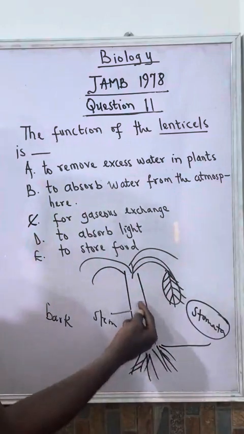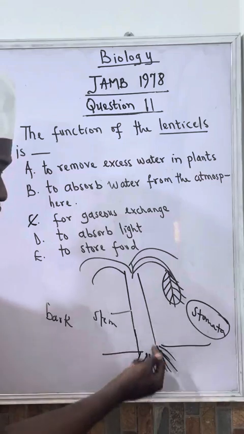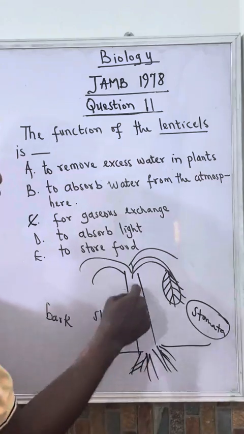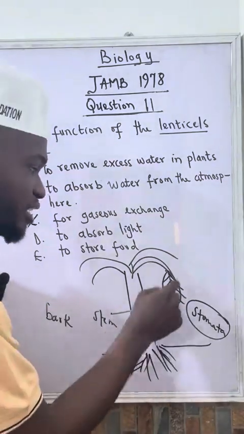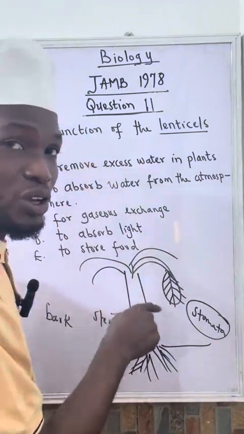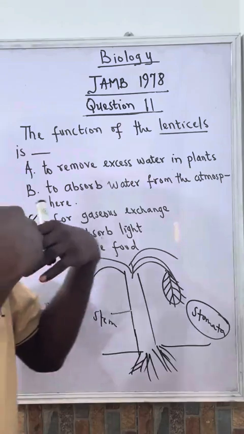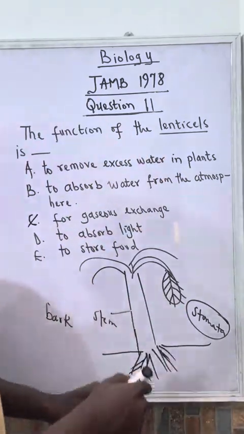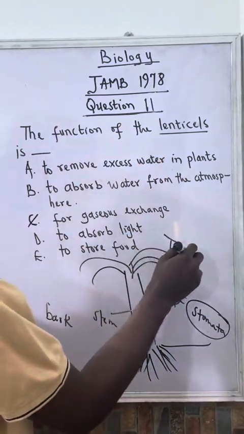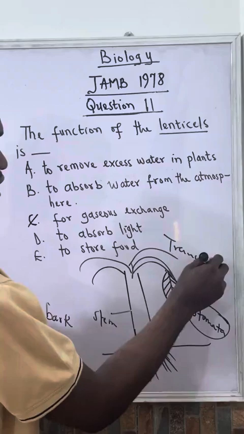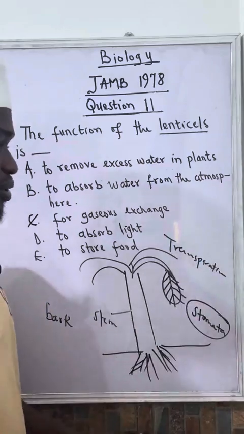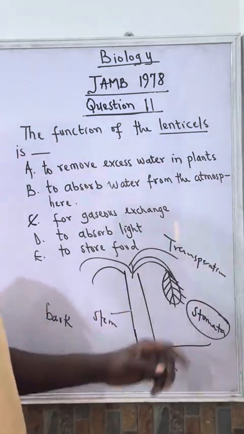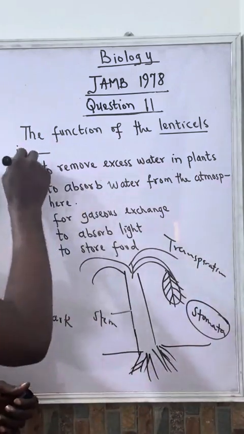The water will go through the xylem tissue, through the xylem vessel, to the leaf. Then photosynthesis will occur there. So water can leave through the stomata of the leaf. So that process is called transpiration. The process whereby plants lose water is called transpiration. So this cannot be the answer.